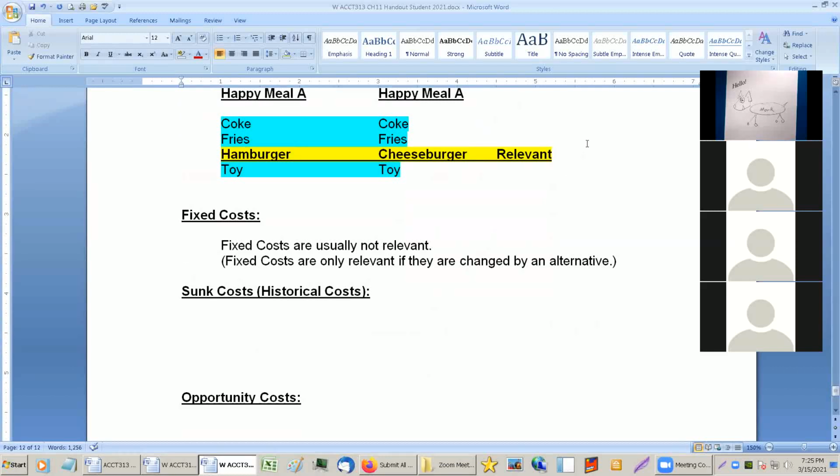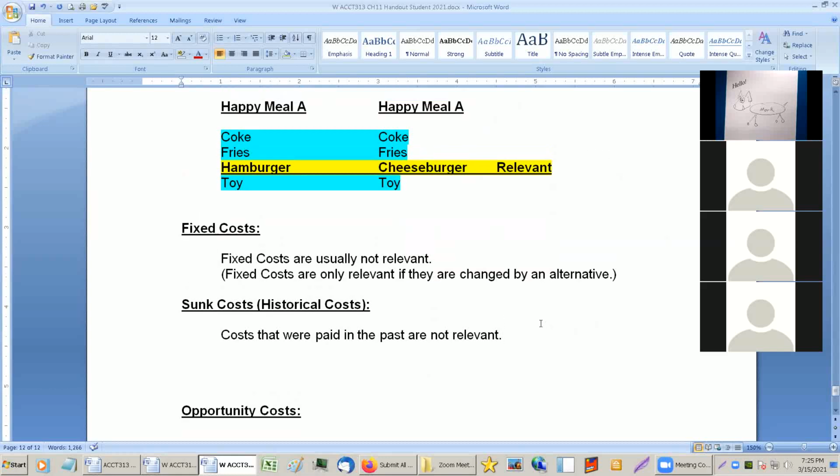Historical costs, or sunk costs. Costs that were paid in the past are not relevant, and there's a good reason why.